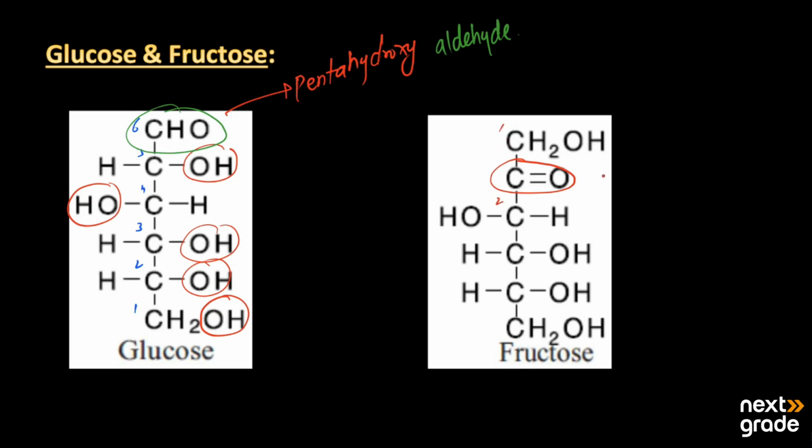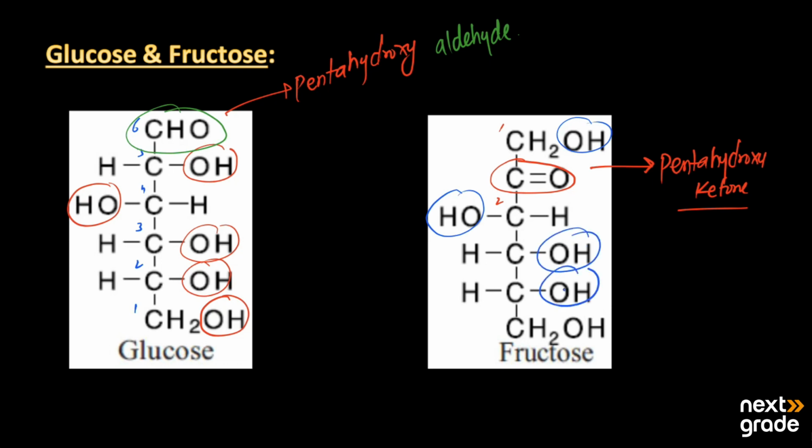So here the ketonic group is present, and this is known as pentahydroxyketone. Why is it known as pentahydroxyketone? The reason is that here five hydroxyl groups are present: one, two, three, four, and five. Pentahydroxy, and the group is a ketonic group, so that's why it is known as pentahydroxyketone.